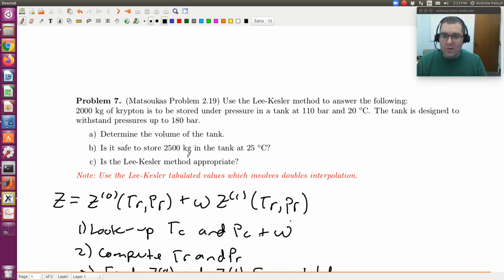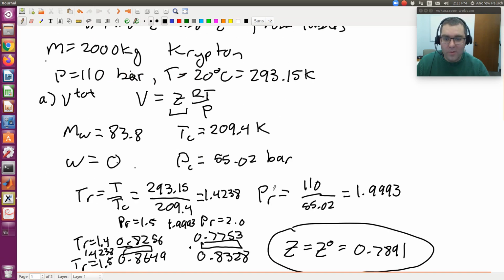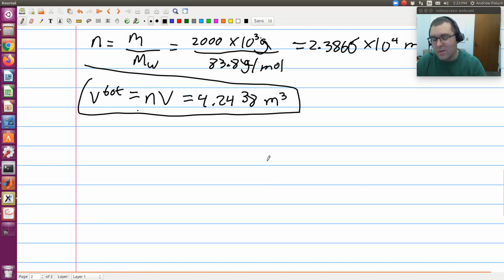Because now that I know V total, I can calculate the maximum number of moles, or the maximum mass of krypton that could be stored at 25 degrees C and 180 bars, and then see if that's greater than the 2,500 kilograms I want to store. So let me put it in reverse, just so that it automates the process. Otherwise, we'd end up iterating in the steam tables.